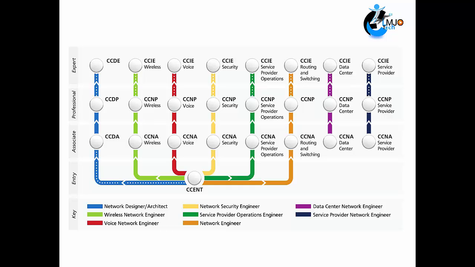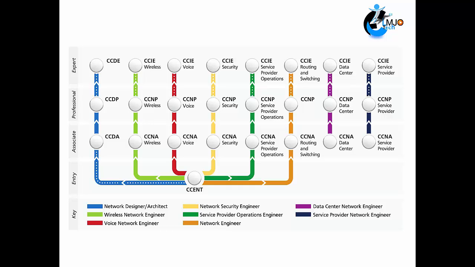Those types of routing protocols are just used within ISPs. So I'm going to give you a brief explanation of how that one works. If you really want to be an ISP, internet service provider, then CCNA service provider, CCNP service provider, or CCIE service provider is the path that we can use.